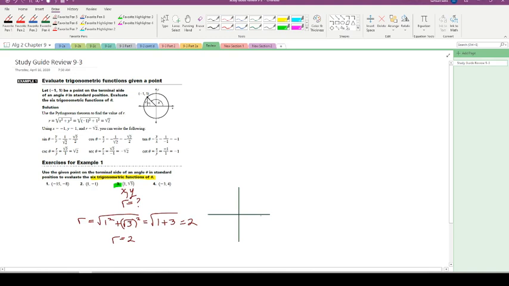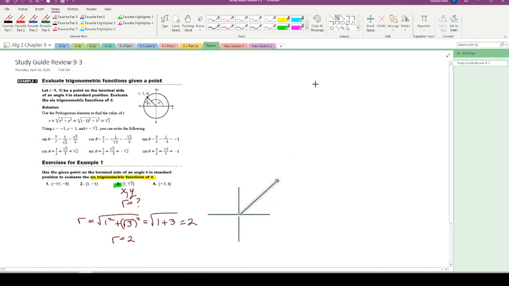Remember, it's 1 this way, and the square root of 3 is just over 1. So it's going to be a point right about here. Okay, it's going to be a point there. So let's draw a line right through that point.